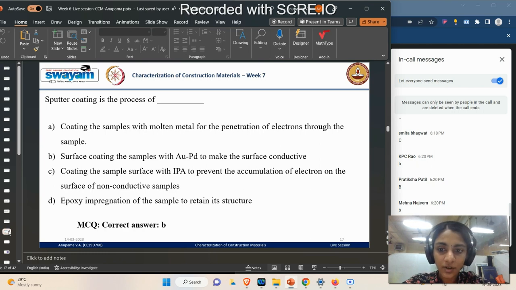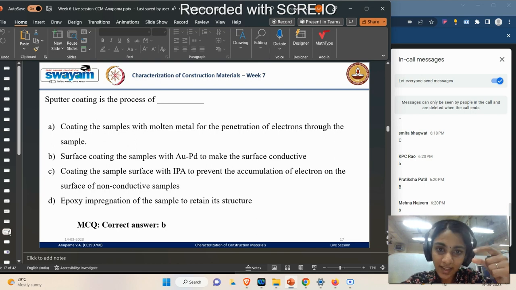It's a process of coating the non-conductive sample surface with gold and palladium, such that the surface becomes conductive. It's not necessary that the electrons should pass through the sample, because, as we rightly told before, in scanning electron microscopy the electrons don't go through the sample; they just interact with the specimen on the surface or a little distance, micron distance, into the surface.